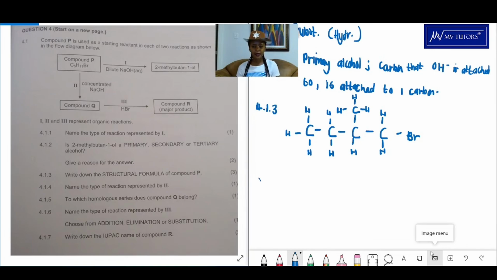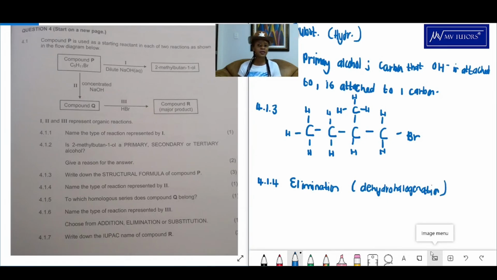And then name the type of reaction represented by 2. Well, that is an elimination reaction. Elimination reaction, and the type would be dehydrohalogenation.